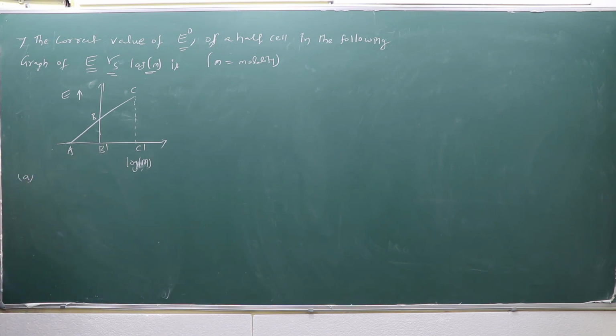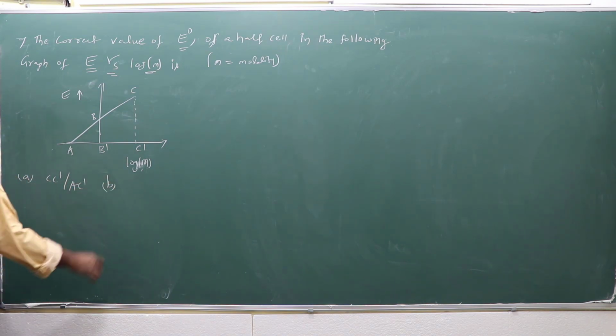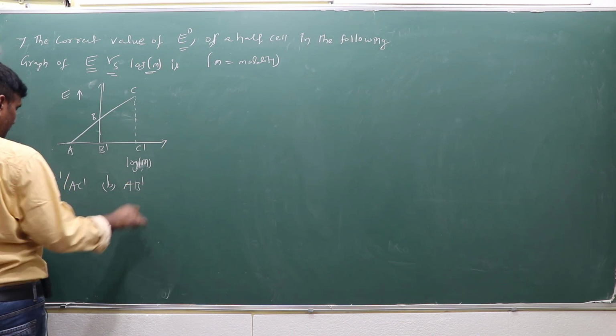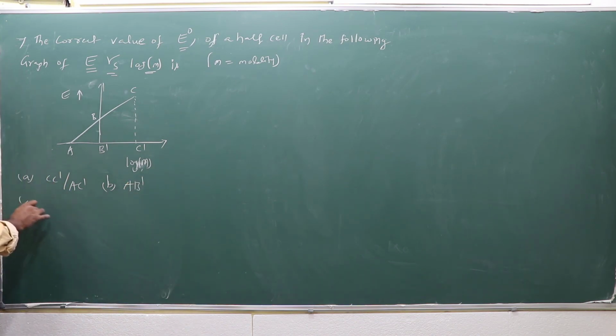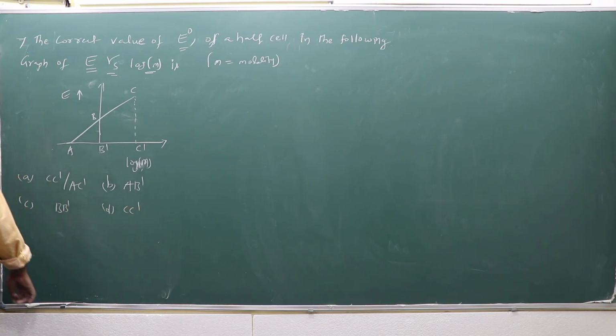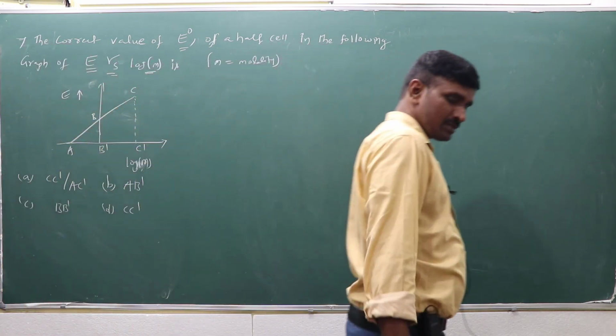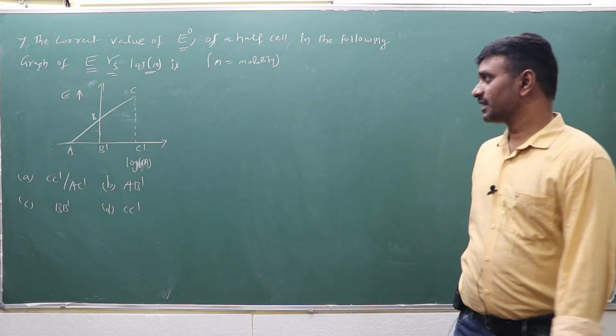Option A, C dash by AC dash. Option B, AB dash. Option C, BB dash. Option D, C dash. Which one is the correct one? So which of the following is correct? How can you calculate that?